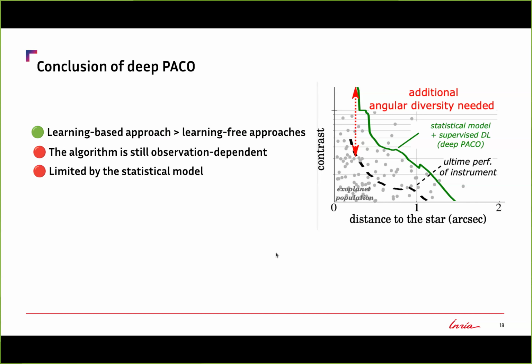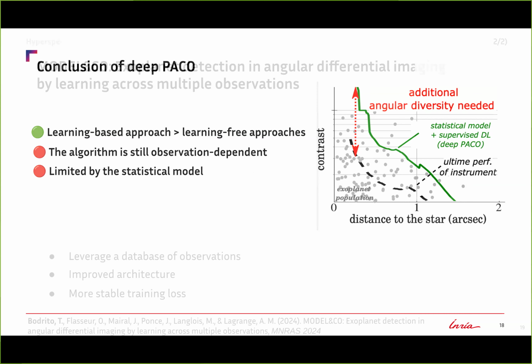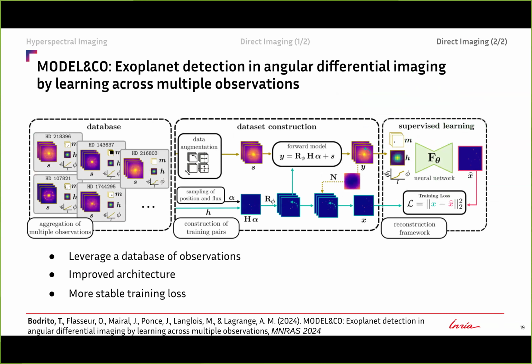And also there are still some gains to be had in the close region, very close to the star. So that's what we try to improve in the next work. In this work, MODEL&CO, we adopt a different approach. There are several differences with respect to deep PACO.